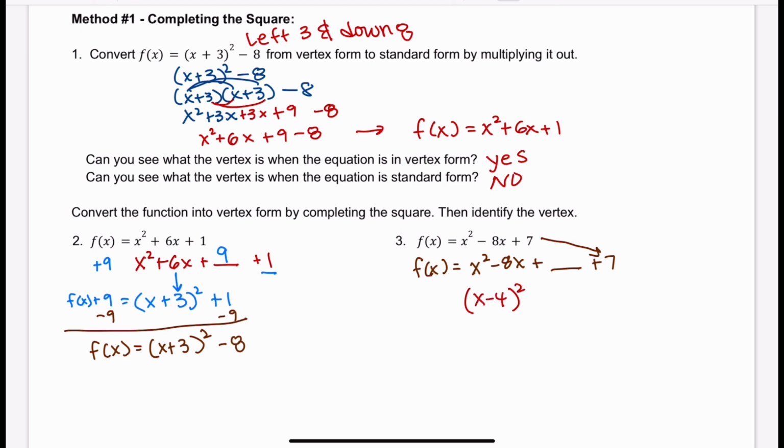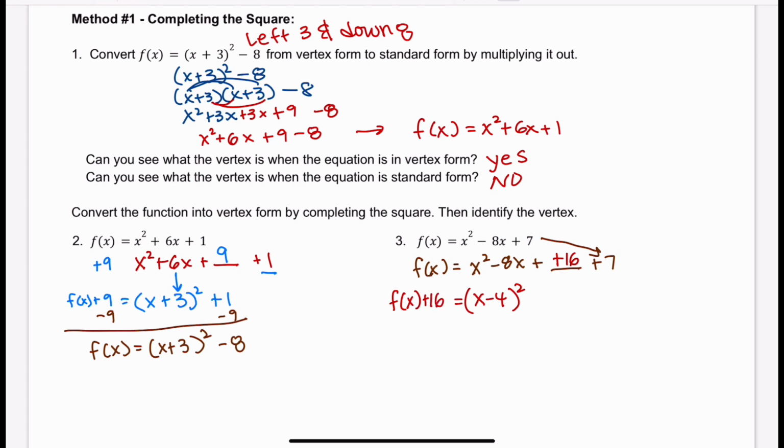Now if I square out my x minus 4 times x minus 4, the last numbers here, like 3 times 3 before, is going to give me this number here. So if I take -4 times -4, that is going to give me a positive 16. Now I can't just add 16 to one side. I have to add 16 to the other side as well.